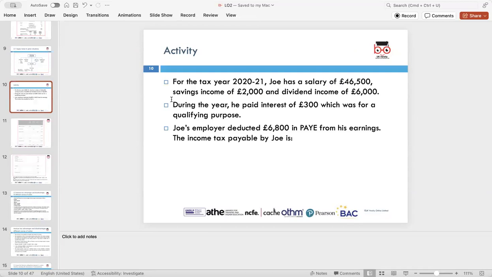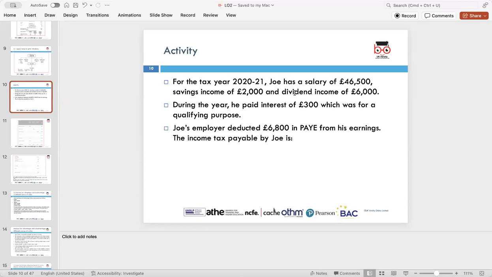Basically, it's a calculation of Joe's sources of income. He has a salary of £46,500, savings income of £2, and dividend income of £6,000. Additionally, Joe paid interest of £300, which qualifies for a deduction.